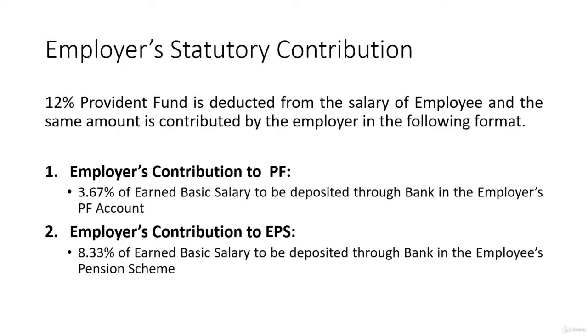But in the employer's contribution, the employer contributes 3.67% of the employee's earned basic salary to PF and 8.33% to EPS of the employee's earned basic salary. So in this way, the employer contributes a total of 12% of the salary of the employee, but right now it is deducted, and after that they can take the benefit.